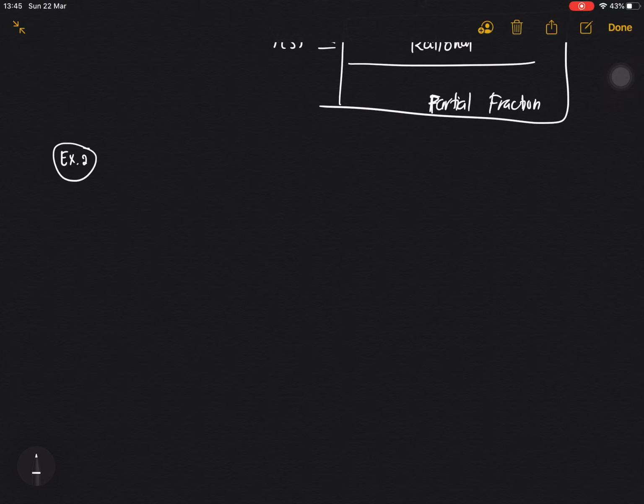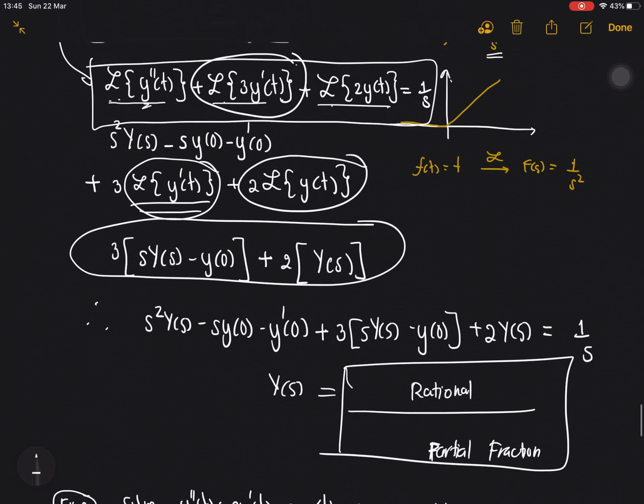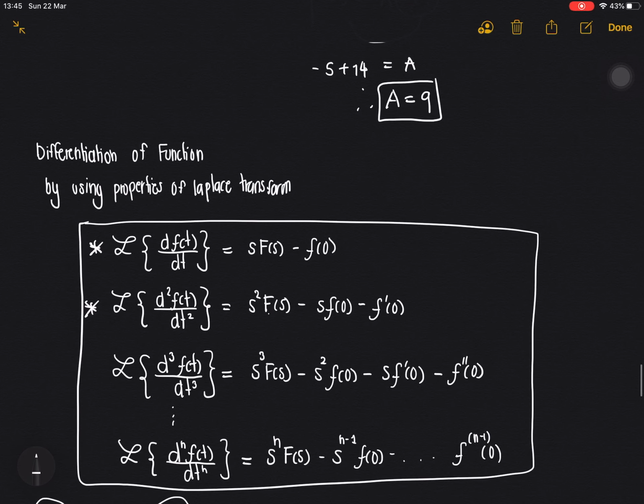So example number 2, suppose you are asked to solve y double prime(t) plus 3y prime(t) plus 2y(t) equal to 0, and then you are given two different initial conditions. So you have y(0) equal to 1 and y prime(0) equal to 2. So now you have to change from that ordinary differential equation into the s domain first by applying this function here, right?